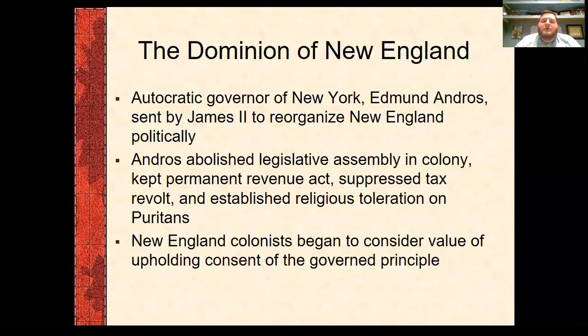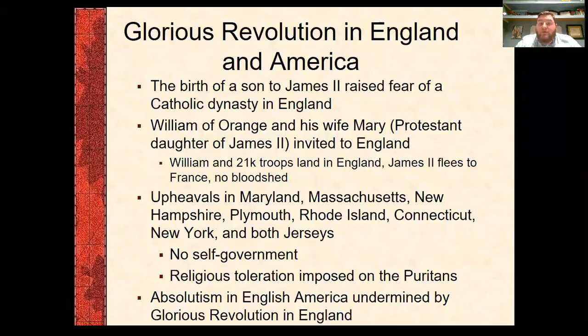And so the New England colonists really begin to chafe under this leader in Andros, and they start pining for the right to have consent of the governed, to have a legislative body again. And so that brings us to the Glorious Revolution itself.